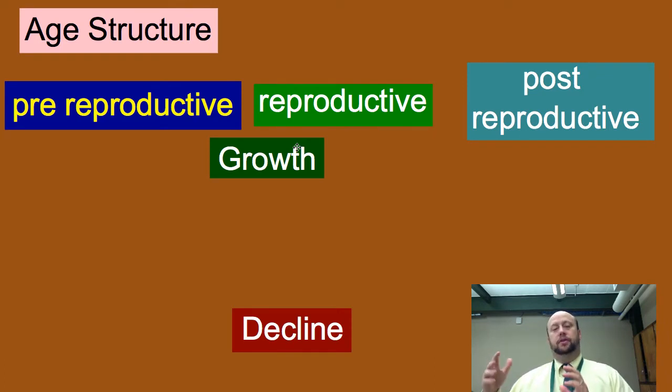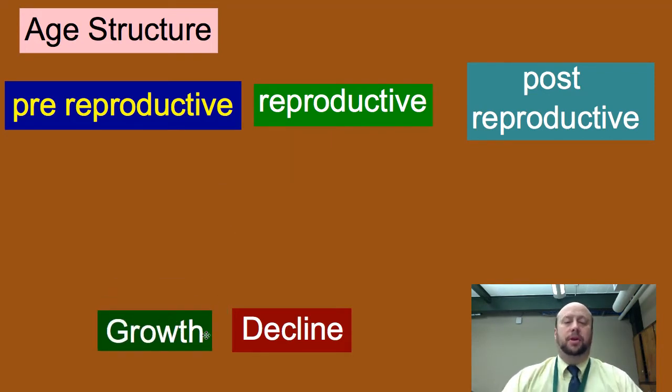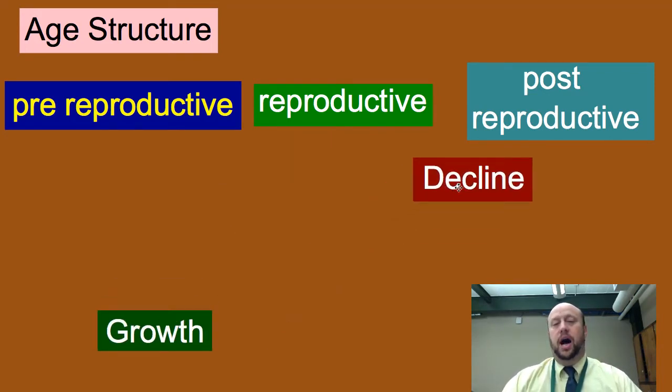Like in a lot of developing countries where you don't have a lot of elderly because the mortality rate is such that most individuals are going to die off before they're, say, 40 years of age, that means that most of their population doesn't make it to the post-reproductive age. And so they're going to have a pretty high growth rate, and therefore their population is probably going to go up a lot. On the other hand, if you've got a pretty high number of post-reproductive, like say in Japan right now, your population is likely to decline.